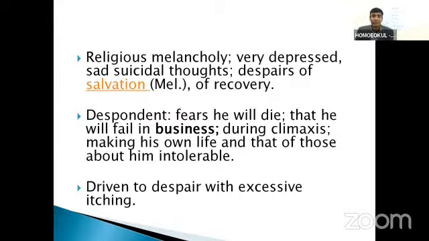In Cantharis, despair from itching. There is a single medicine in bold, that is Psorinum. Chapter is Mind. In the Mind chapter, the rubric is despair, itching from, with a single medicine, Psorinum, in bold. It's very important for MCQ.